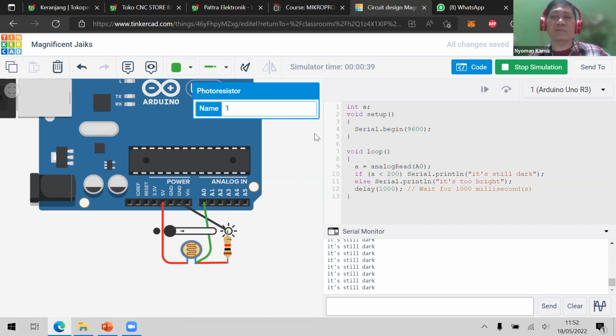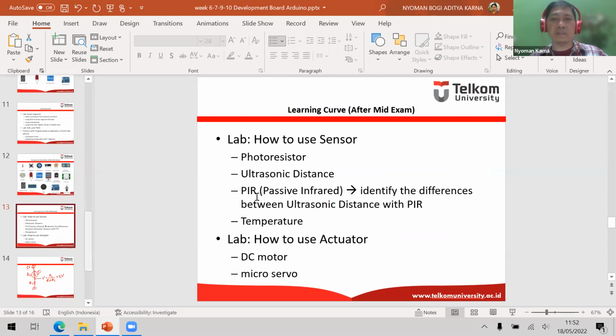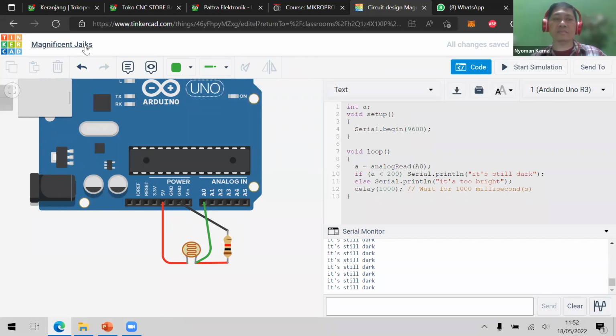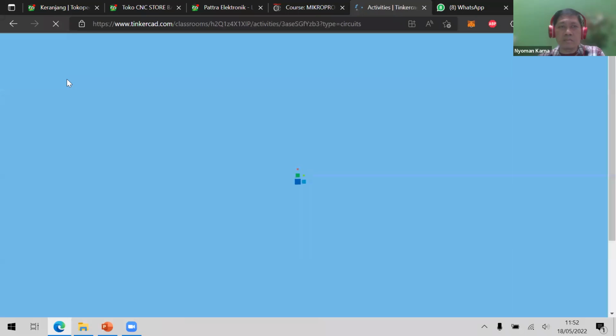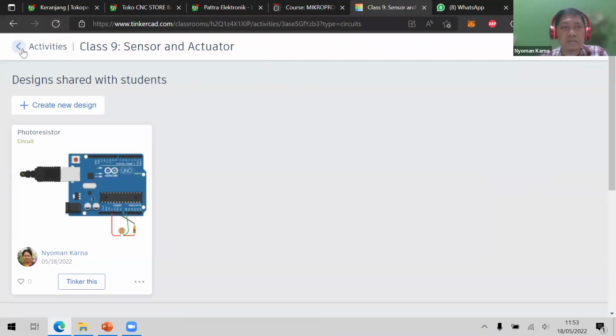Okay, now let's move on to another sensor, which is the ultrasonic distance sensor. Okay, let's try to find a program.